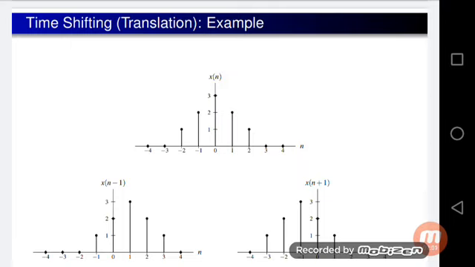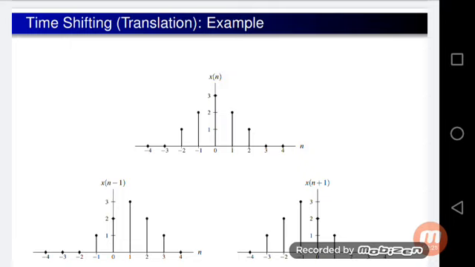These are the time shifting translation examples. For example, just as we are observing, we can translate the signals from upper to lower, lower to upper, top to bottom, bottom to top, left to right, or right to left.